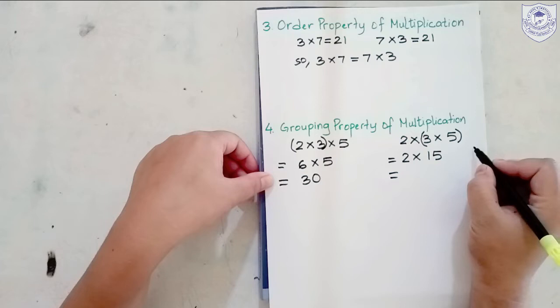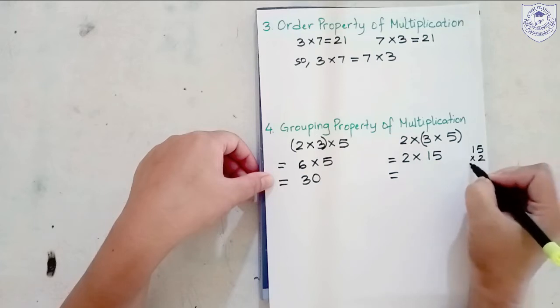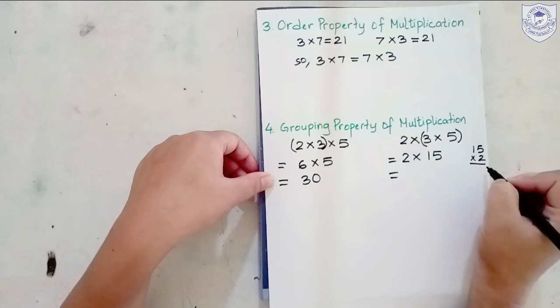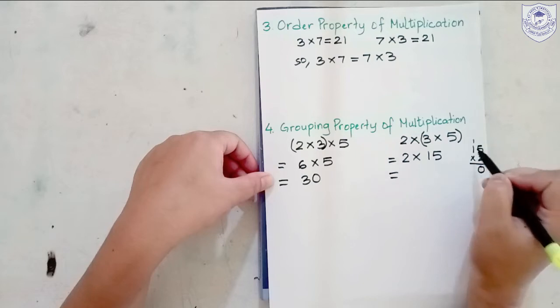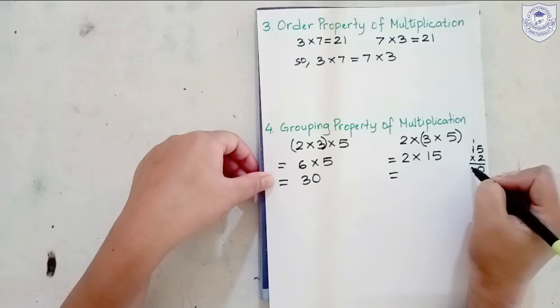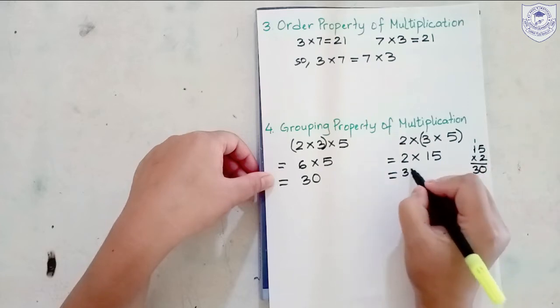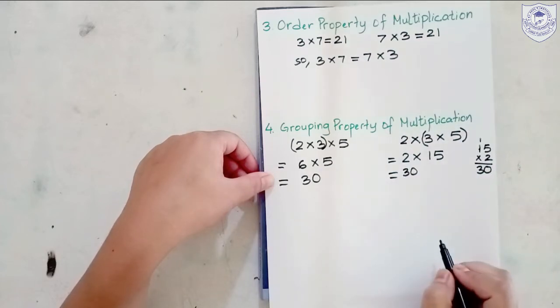Okay, let's multiply this way. You can multiply this way. 2 times 5 is 10. You have to write 0 and 1 will be carried over. 2 times 1 is 2. With 1 in hand, you add it. 2 plus 1 is 3. We got the same answer, right?